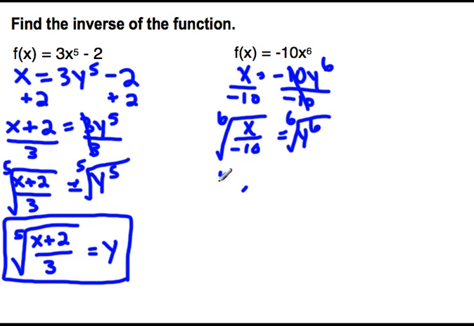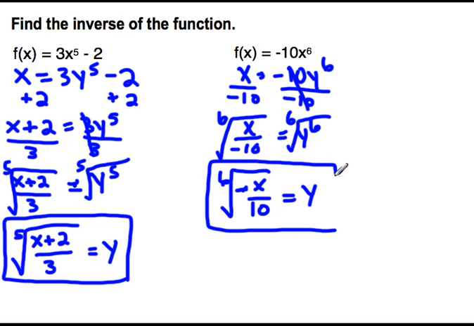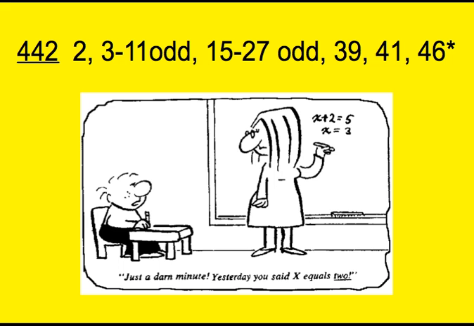And that leaves us with the 6th root of, and I'm going to write this as negative x over 10, equals y. And again, that denominator is not rationalized, but for inverses we're going to leave it just like it is. So there is your assignment, and that concludes section 6.4.